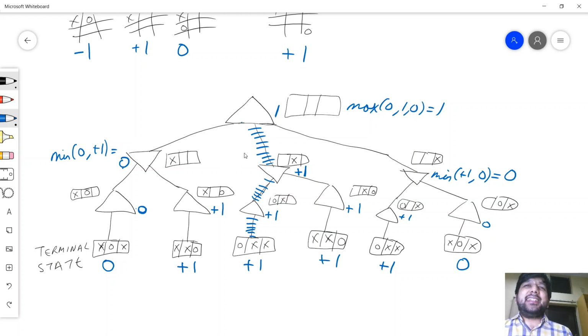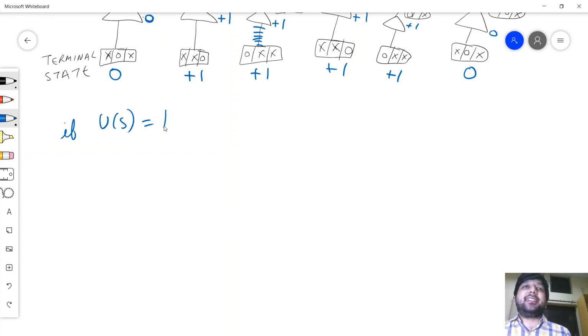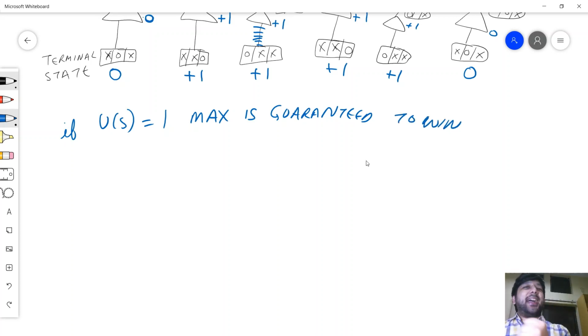Now, these are of course the utility values, and it's important to say what these different values mean. If for this particular game the utility is equal to 1, that means Max is guaranteed to win, irrespective of how Min plays.